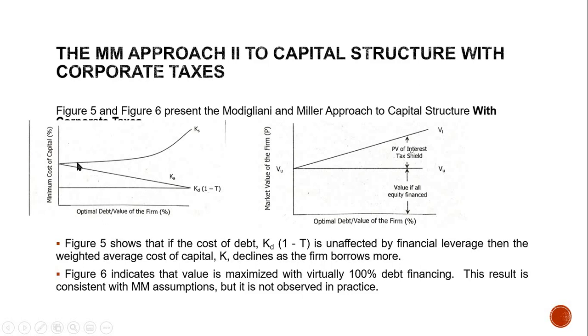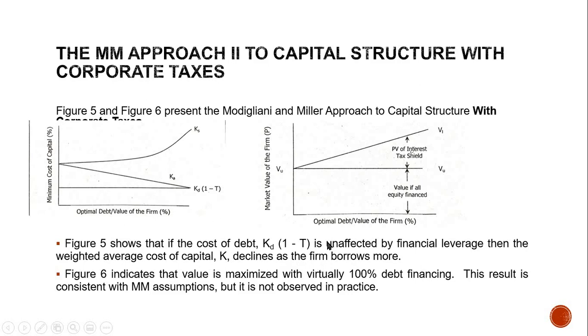As we borrow more money, the weighted average cost of capital will actually decrease. Okay? Now, if the cost of debt is net of tax, when we consider corporate tax, is unaffected by financial leverage, then the weighted average cost of capital declines as the firm borrows more. So when you borrow more money and you pay more interest, yung cost of capital mo will also decrease because, again, of the tax shield.